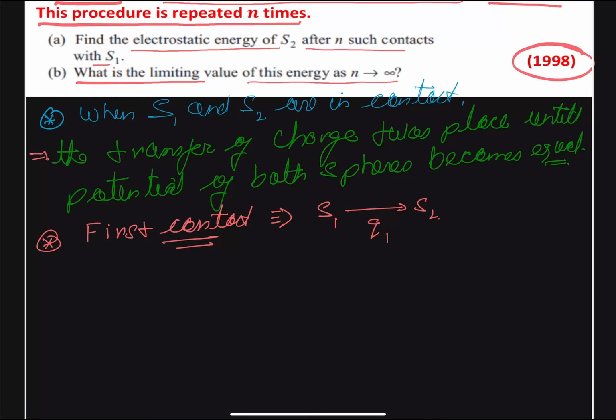So the potential on the first sphere S1 should be equal to the potential on S2. So our V2 will be equal to our V1.